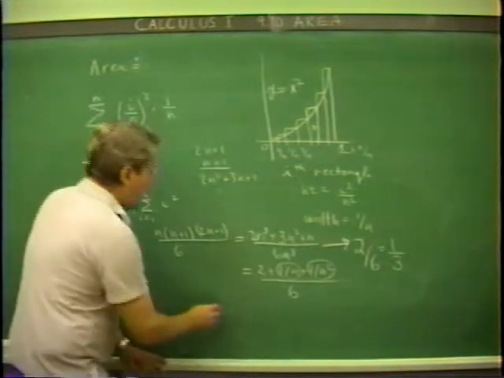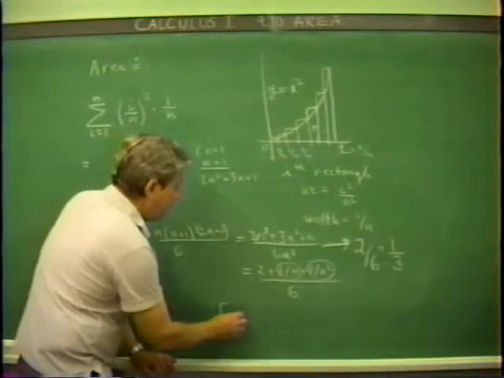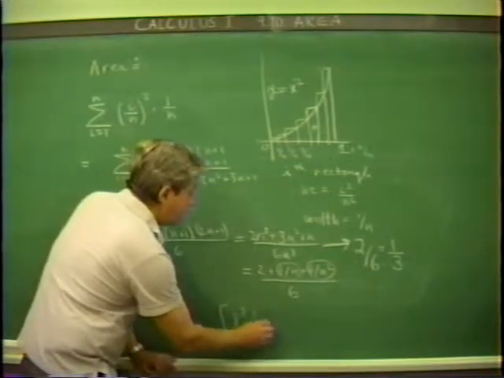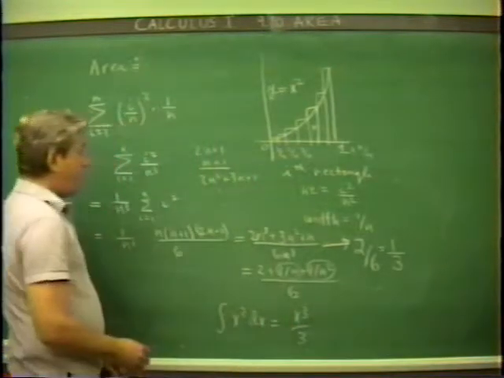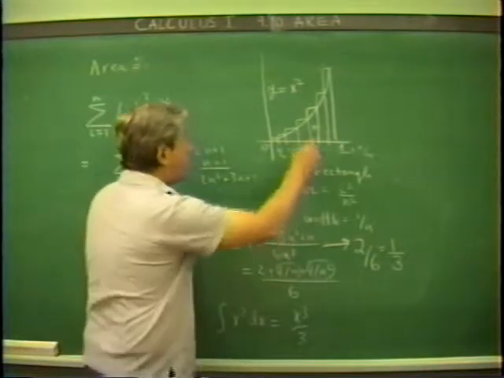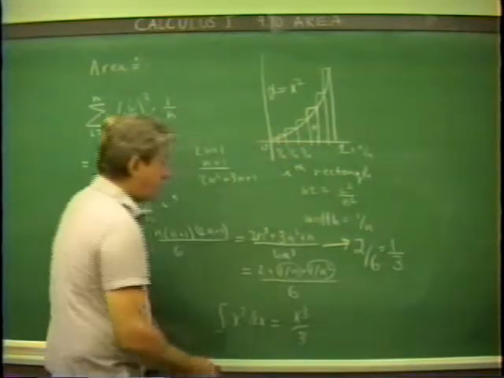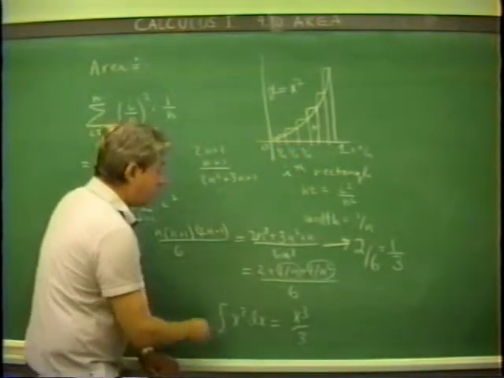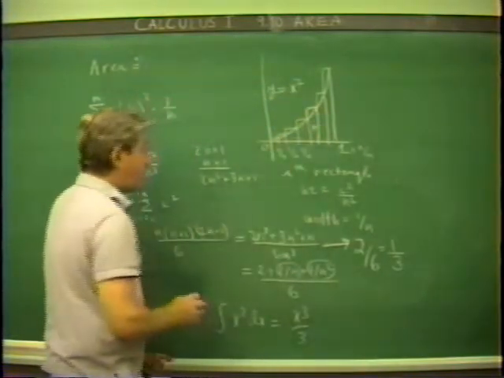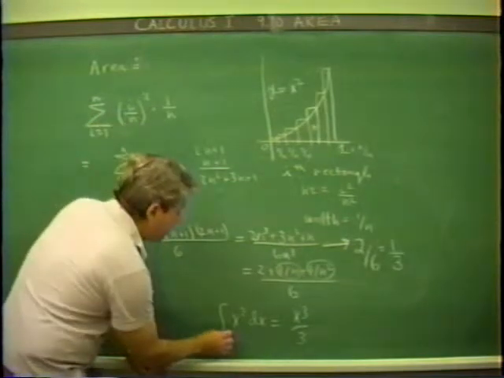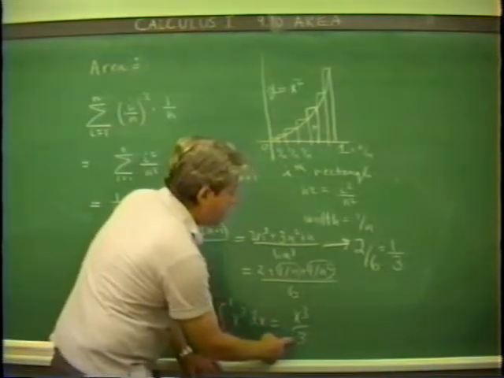Now, in terms of antiderivatives, as was mentioned before, if we could find an antiderivative of x squared with respect to x, which we can, of course, it's going to be x cubed over 3. And now if we take that antiderivative and take its value at 1 and subtract its value at 0, we're going to have the integral of this function, or the area underneath the graph, since the function is non-negative.